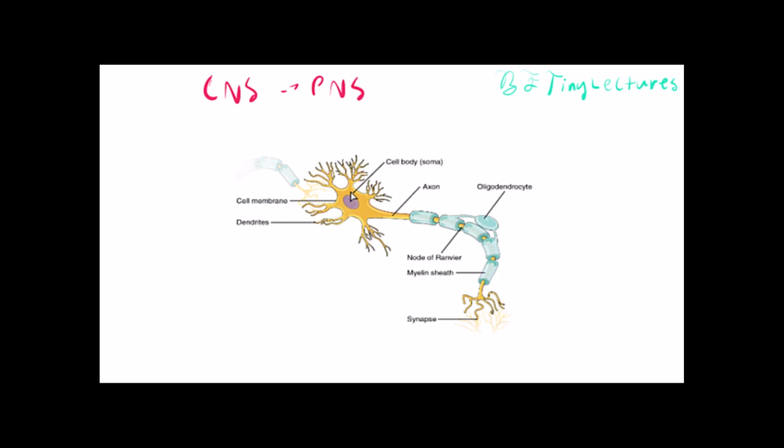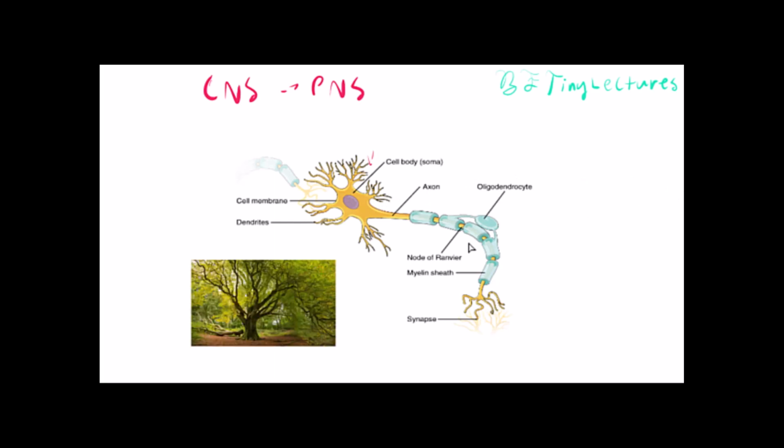But before we talk about those processes, I personally find it easier when I imagine these little thingies coming out of the neurons to be trees. So here on the ground is going to be the cell body. The trunk right here, that's called a process.